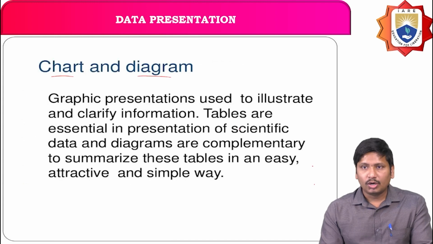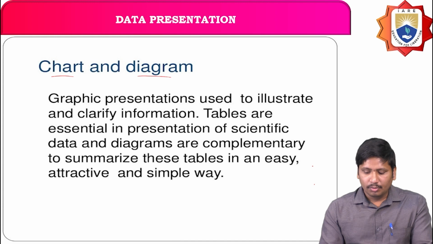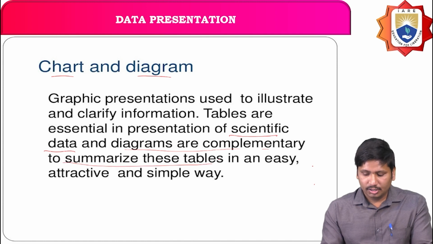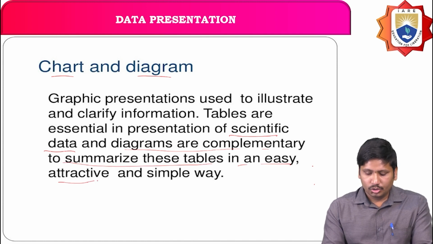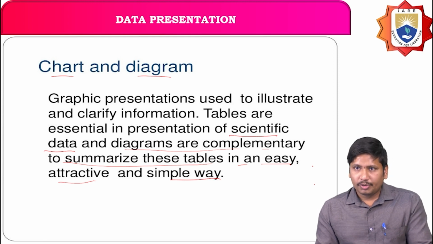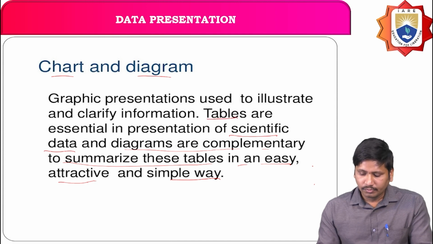Tables are what you take in presenting scientific data, and diagrams are complementary, used to summarize these tables in an easy, attractive and simple way. Suppose I am going to represent scientific data, I have to take tables. Similarly, if I want to represent complementary data, then the diagram should be very easy, instead of tables, attractive and simple.